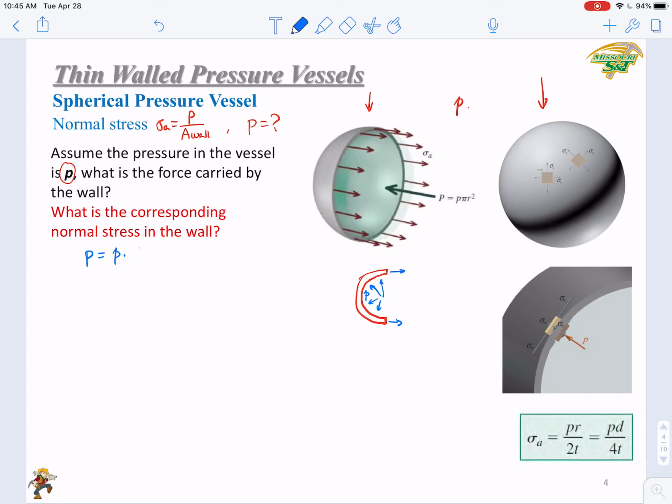It's a projected area. What is the projected area in this case? The projected area is just pi r squared. So we can derive that P equals pressure times pi r squared. So we have the P now, and then we need to determine the area of the wall.